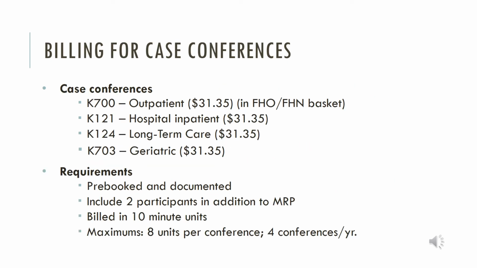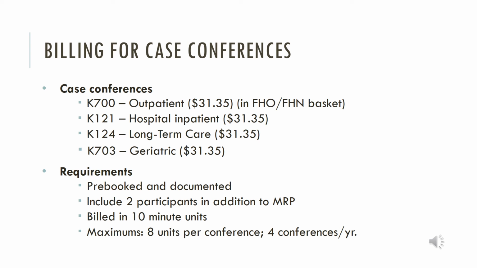Case conferences are billed according to the setting to which they apply. The requirements for any setting are universal. The conference must be pre-booked and include at least 2 regulated health professionals in addition to the most responsible physician. The conference can take place in person, by phone, or video conference. As always, the conference needs to be documented.